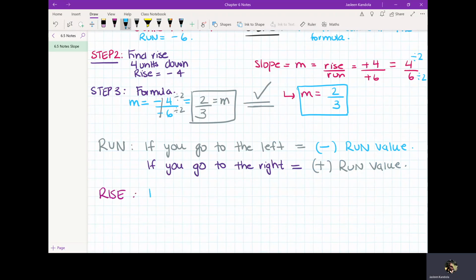For rise, if you go down, you'll have a negative rise value because you're moving down.